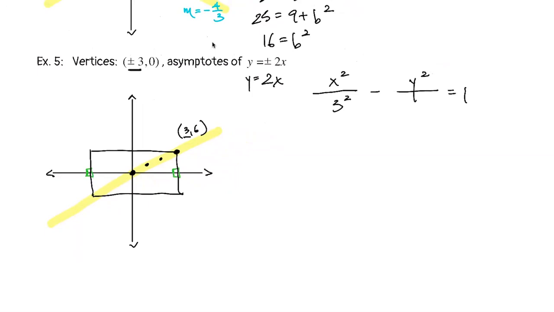But the number underneath y squared is going to be 6 squared, because that's how far up we go to get to the corner of the box. Meaning that's the y value of the co-vertex. Okay. So again, you could leave it like this. You could multiply out the numbers. That's fine too. All right. Either version here is fine.